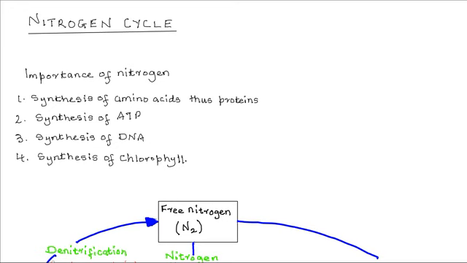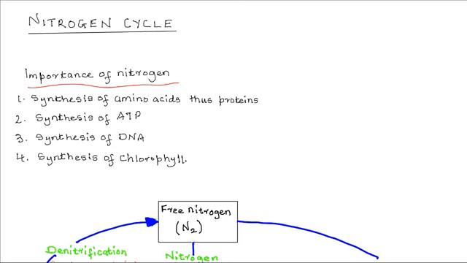Now, why would organisms require nitrogen? This is because nitrogen is essential in the synthesis of amino acids and thus provides the building blocks of proteins.